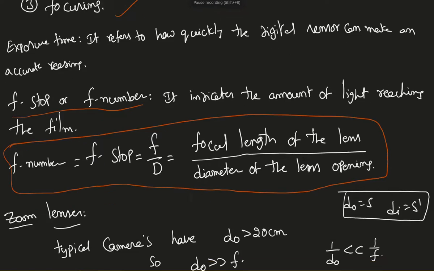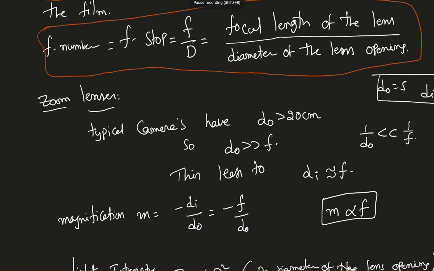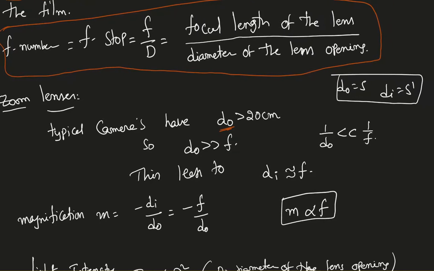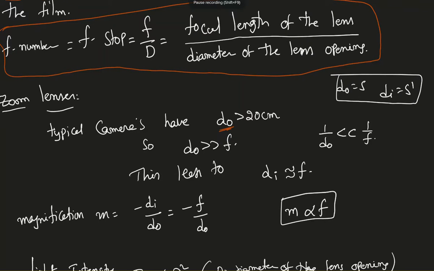Now, the zoom lens. Typical cameras can take good pictures if the distance of the object is greater than 20 centimeters from the lens. I'm using d0, but your textbook might use d0 equal to s and the distance of the image equal to s prime, so don't get confused.